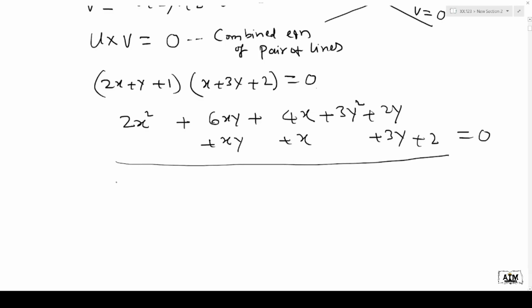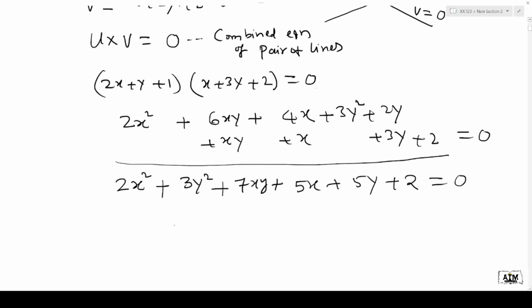Adding them: 2x square, after that writing the y square term 3y square, and after that the xy term, that is 7xy, after that the x term, after that the y term, after that the constant, equals 0. So we get this expanded form. This is nothing but the combined equation of pair of lines.